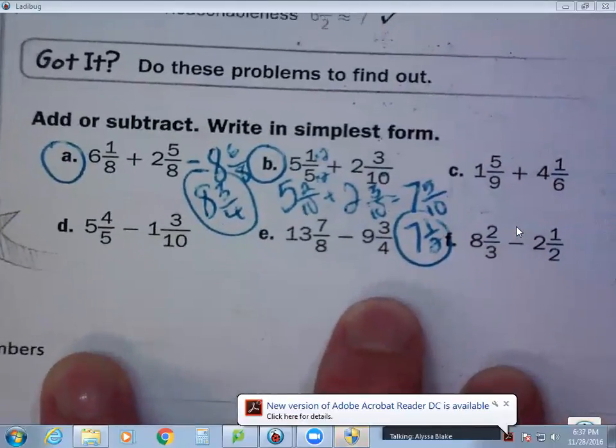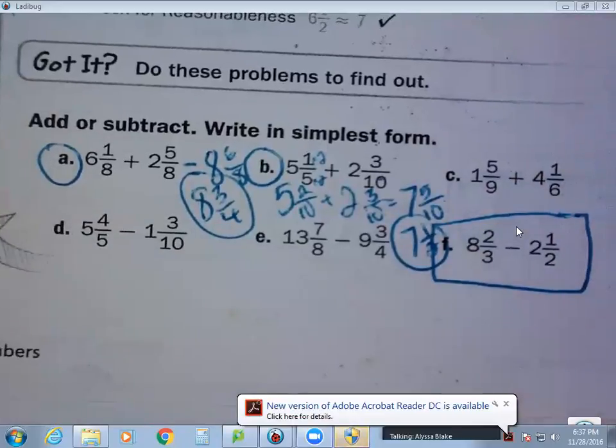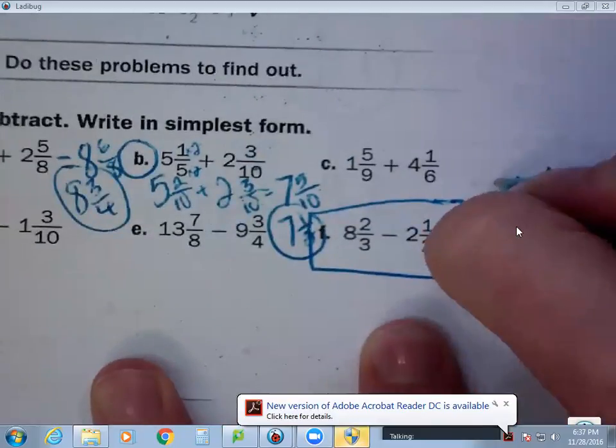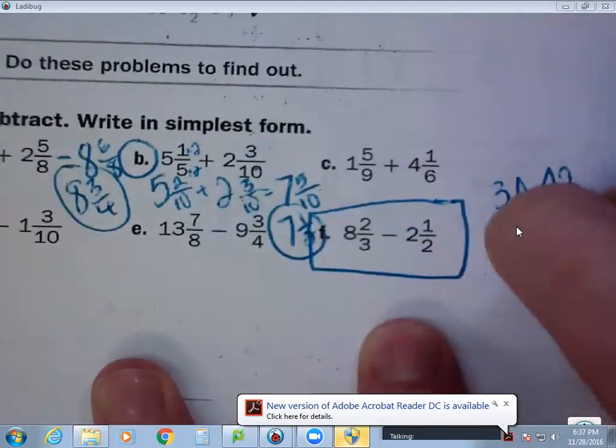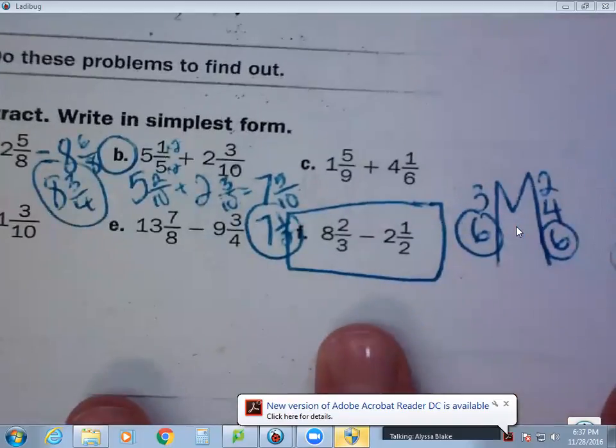All right, go ahead and do F, please. We're going to be subtracting instead. Find that lowest common denominator. Which looks like 6.